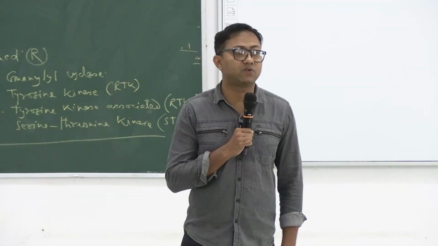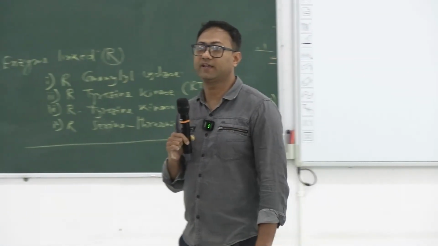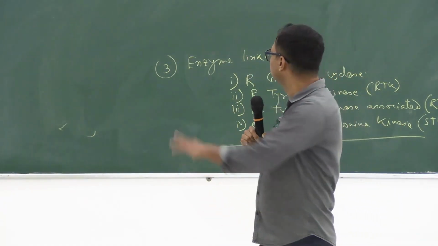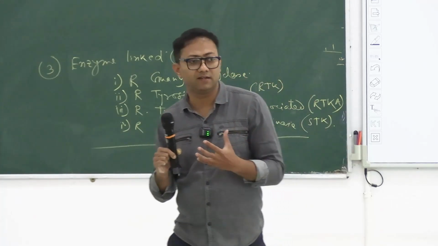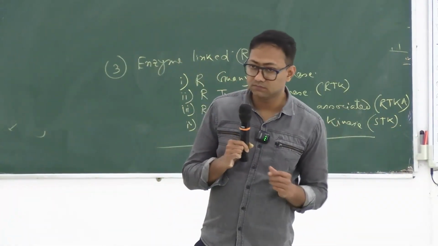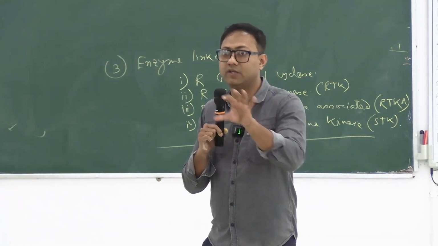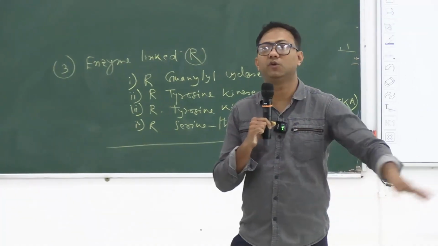So nitric oxide, it is also a hormone. What is the function of nitric oxide? Vasodilation. Very good. So the function of nitric oxide is vasodilation, and atrial natriuretic peptide is a hormone secreted from the atria whose function is to release sodium in urine. Natrium means sodium, so natriuretic peptide is a peptide hormone that releases sodium in urine.